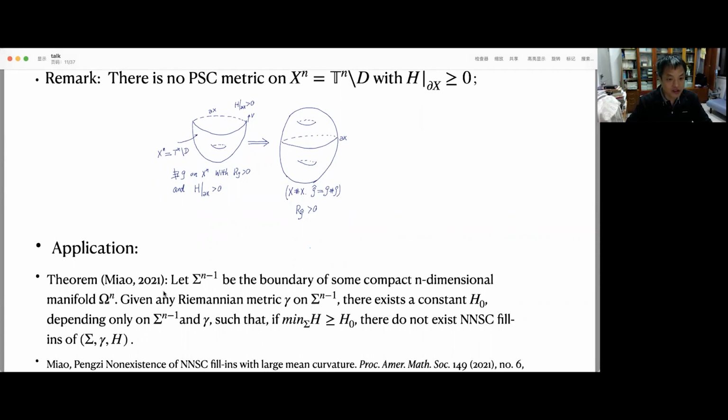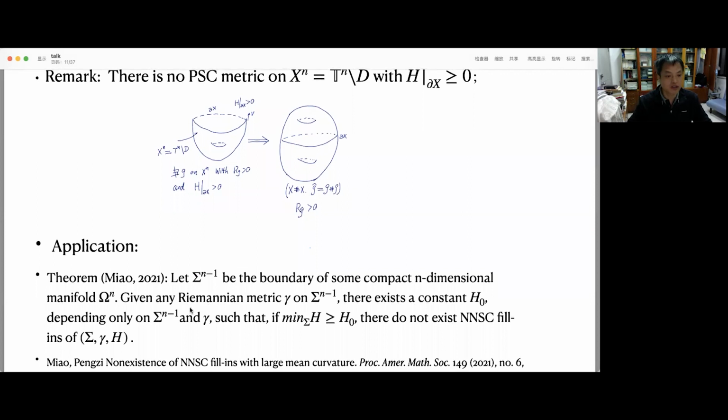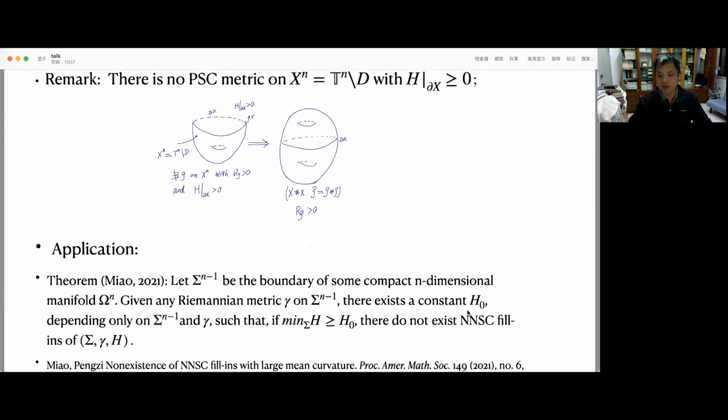Now here is his theorem. Let sigma be the boundary of some compact n-dimensional manifold, denoted by omega n, and given any Riemannian metric gamma on the boundary, then we can find a constant, denoted by H naught, which depends only on sigma and gamma.